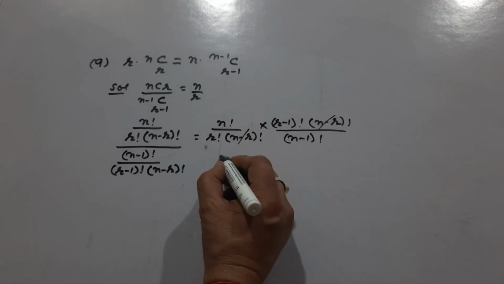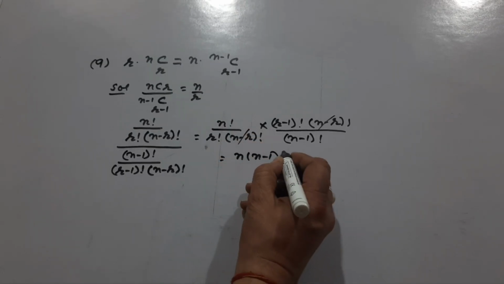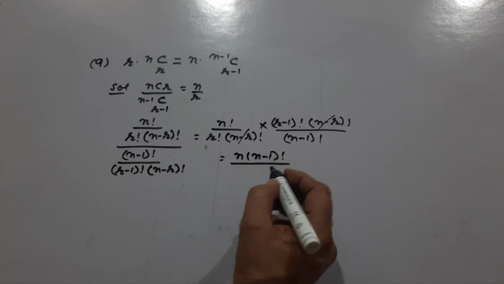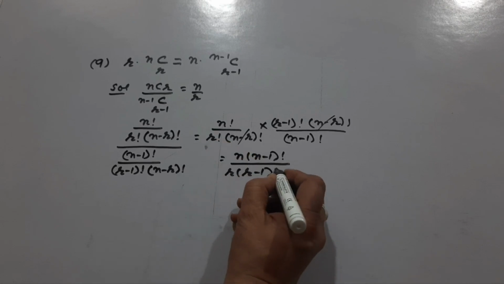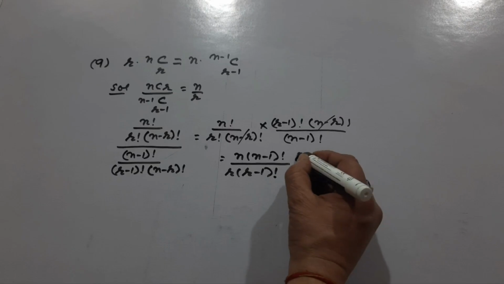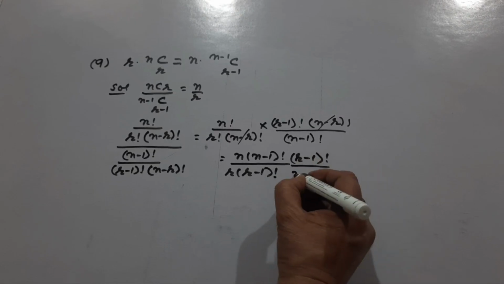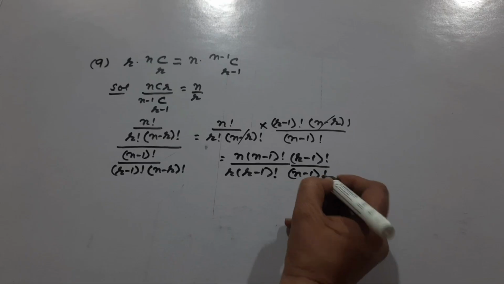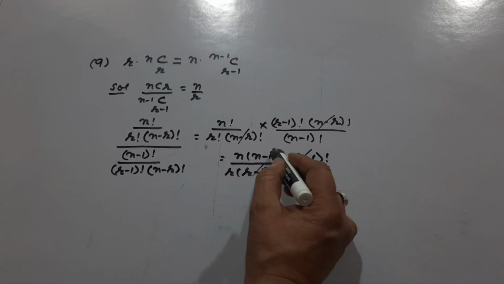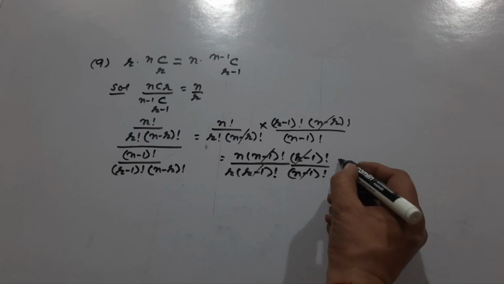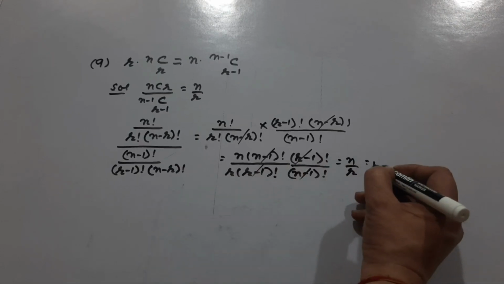Now writing n factorial as n into (n minus 1) factorial and r factorial as r into (r minus 1) factorial. So cancelling (r minus 1) with (r minus 1), (n minus 1) with (n minus 1). So we get n upon r, which is equal to the right side.